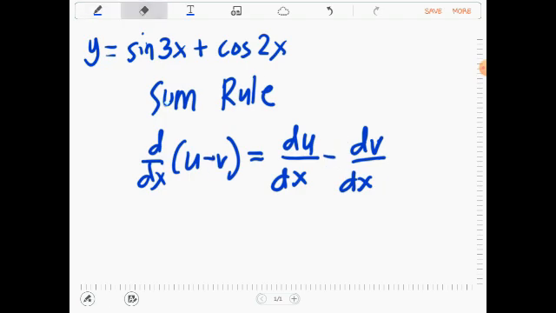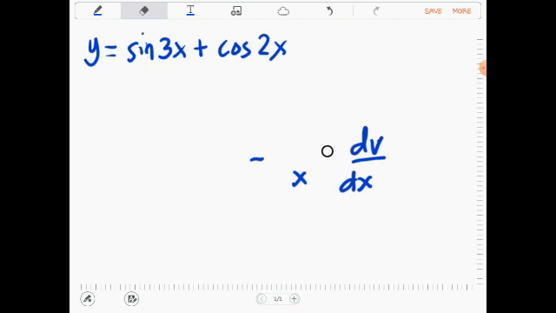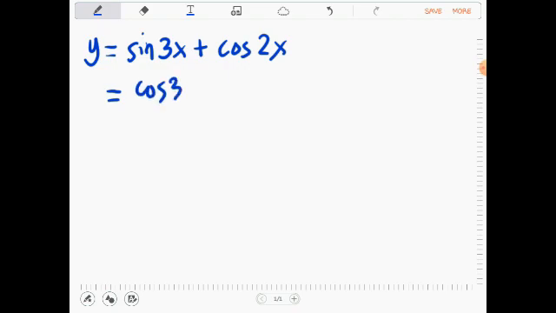Okay? So, ngayon, pwede natin siyang i-separate. That would be equals to sine of 3x. O, ito muna. Derivative ng sine 3x, that is equals to cosine of 3x. And then, i-derivative natin yung u.